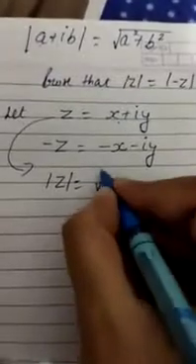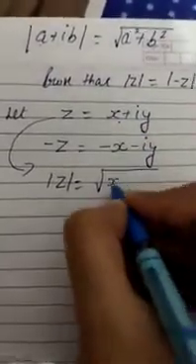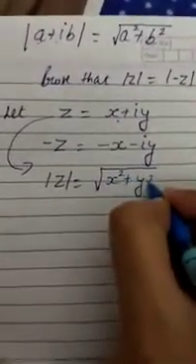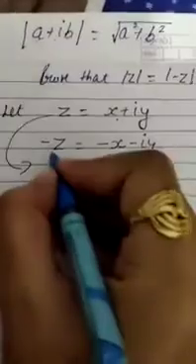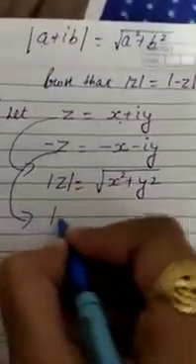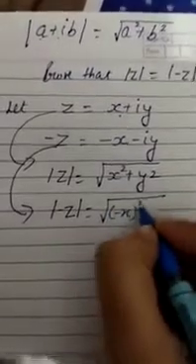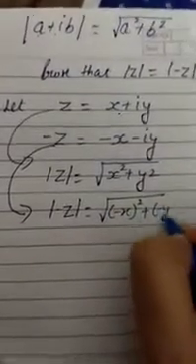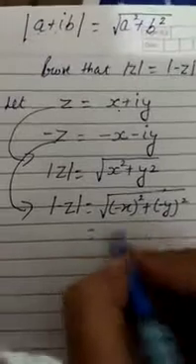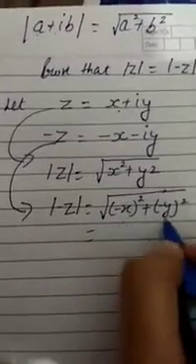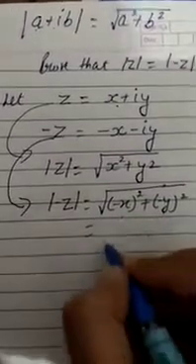Now we will find out the mod of z. The mod of z we already know how to find, square of the real part plus square of the imaginary part. Now we will find out the mod of minus z. It will be minus x square plus minus y square, square of the real part plus square of the imaginary part.